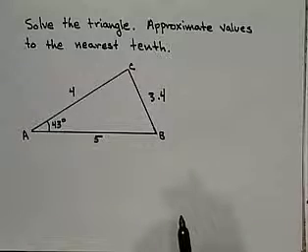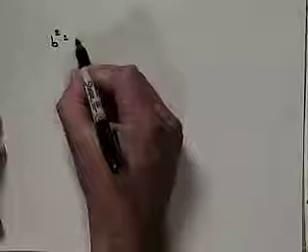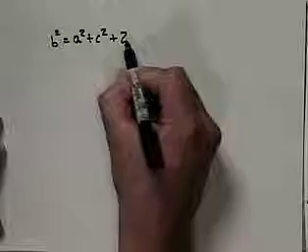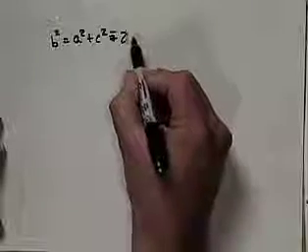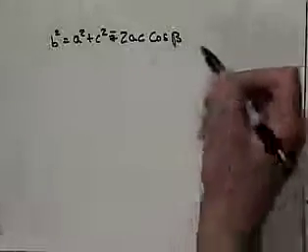Now, the next thing we'll find is the angle beta. Now that we have the lengths of all three sides, we can find the angle beta as follows. B squared equals a squared plus c squared, actually this is minus 2ac cosine beta.